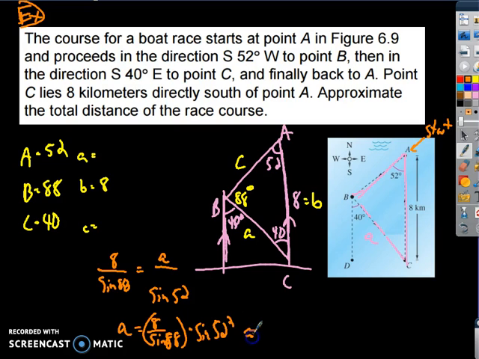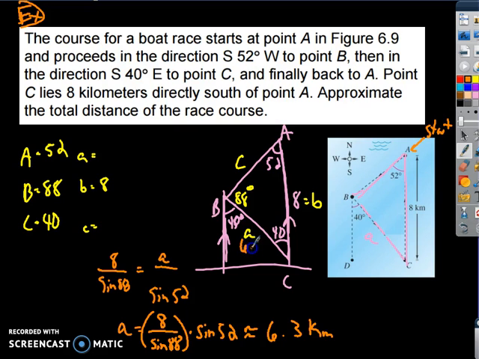And that's roughly about 6.3 kilometers. So now this part is about 6.3 kilometers. And lowercase a is 6.3.